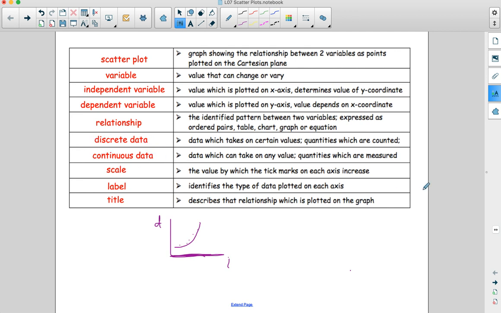Continuous values are values that are measured. So let's say your height right now was 5'5", and let's say when you were born you were 20 centimeters. Then let's make this easy for me. Let's say right now you're 160 centimeters.